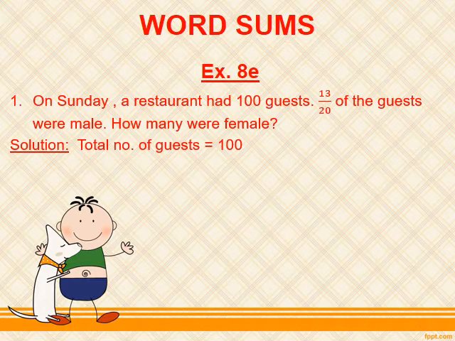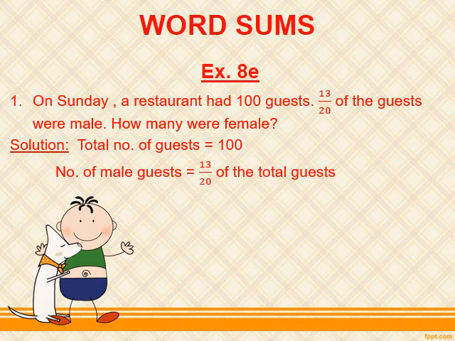Total number of guests is equal to 100, which is already given in the question. And the number of male guests is equal to 13 by 20 of the total guests. And children, as we know that the total number of guests is 100, so 13 by 20 of 100, or we can say 13 by 20 multiplied by 100.